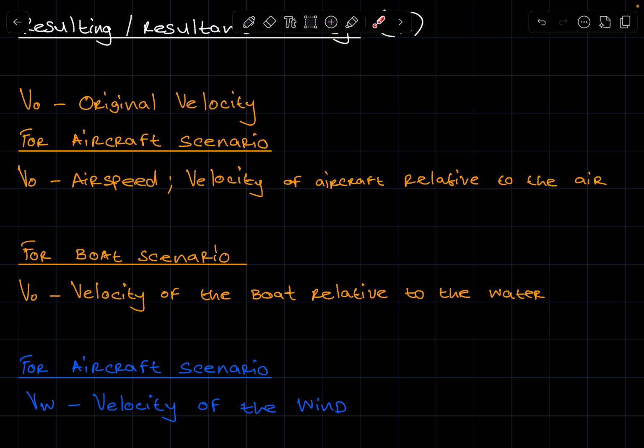Like for instance, they could say the aircraft flies at whatever speed in still air. When they say in still air, it means that the velocity they've given you is relative to still air, or relative to the air. Hence, you take that velocity as your VO.